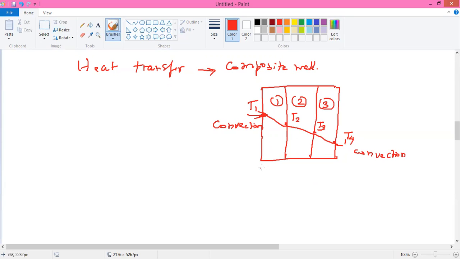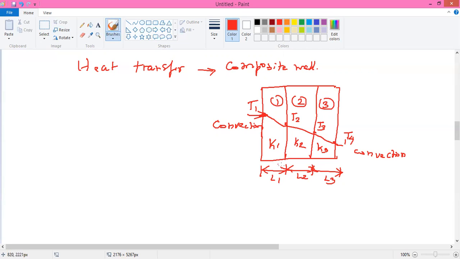Next, the thickness of element 1 we call L1, then L2, and the thickness of element 3 is L3. Similarly, we already know the thermal conductivity of each element is different. So this element is K1, this is K2, and this is K3.